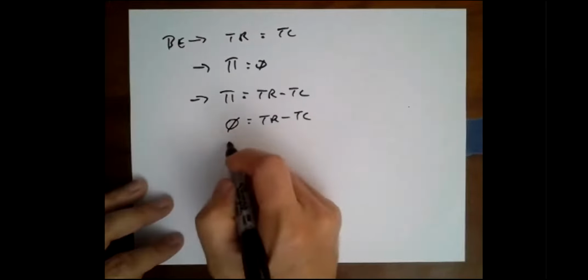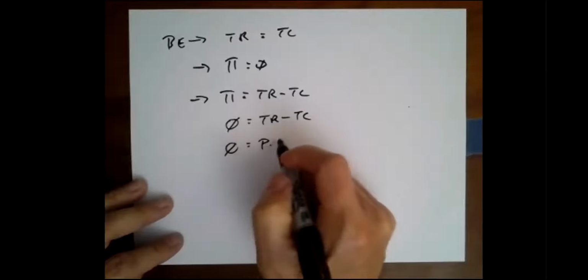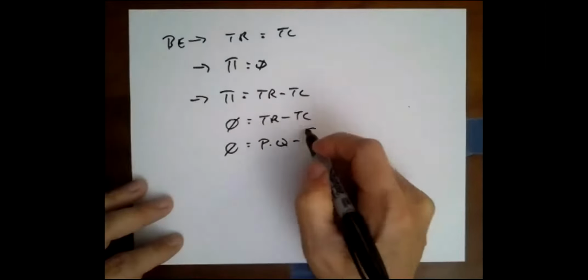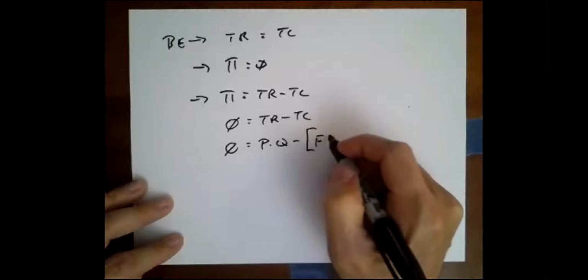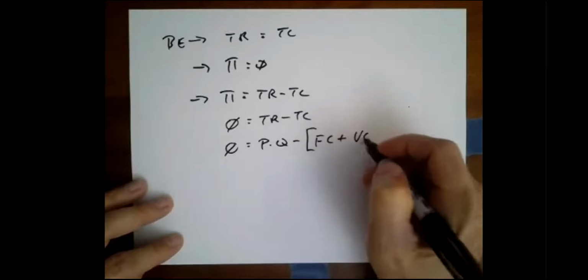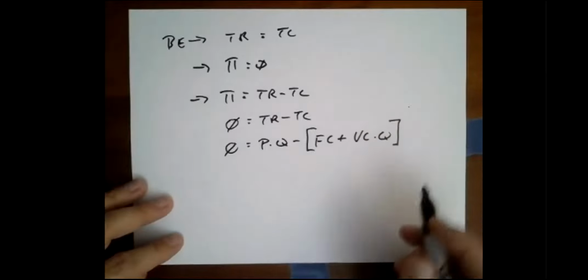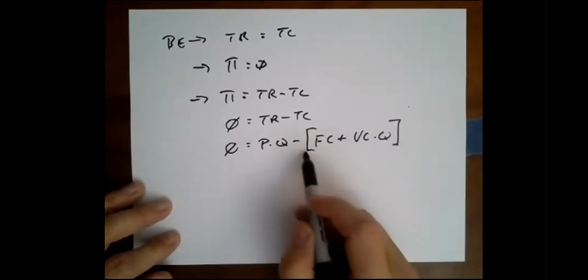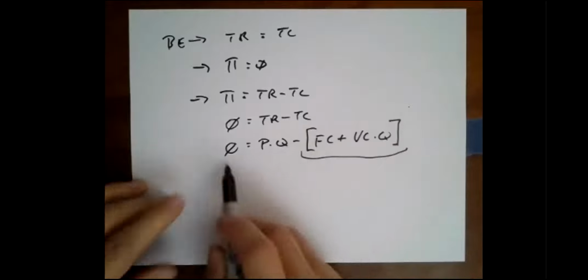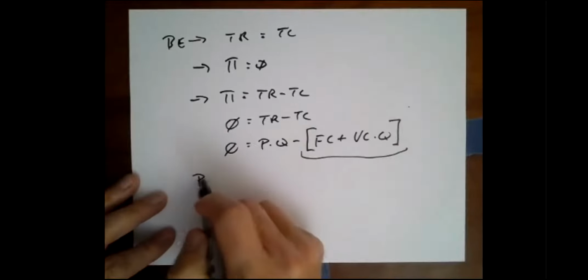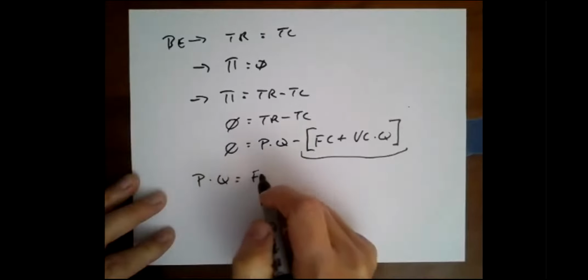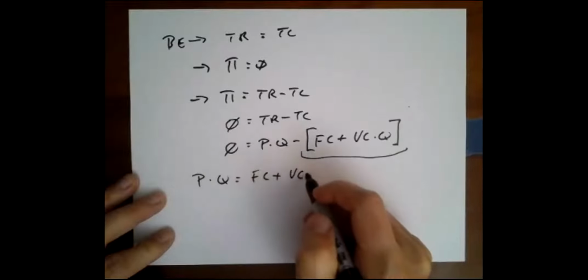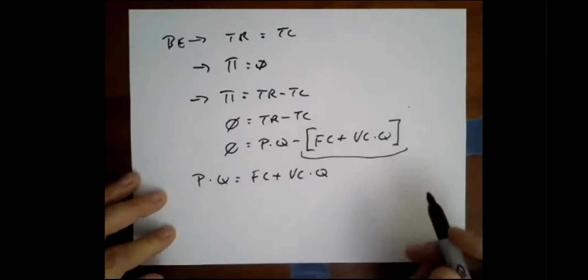So remembering that total revenue is price times quantity, and total cost is fixed cost plus variable cost times quantity, we can rearrange this. We can add this term, which is a negative, to both sides, so that we wind up with price times quantity equals fixed cost plus variable cost times quantity.